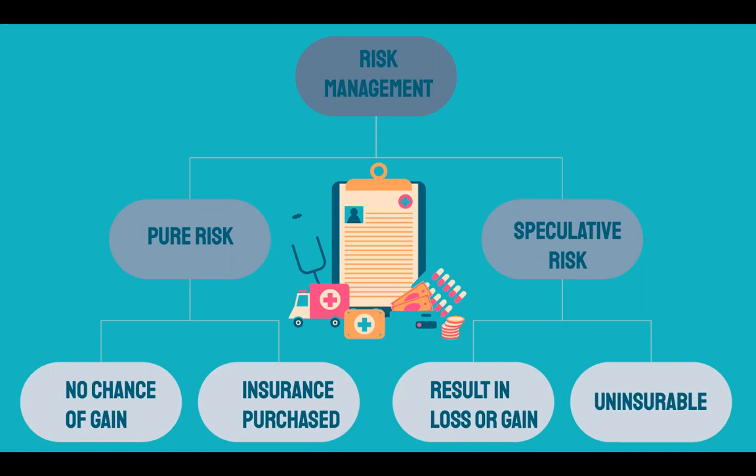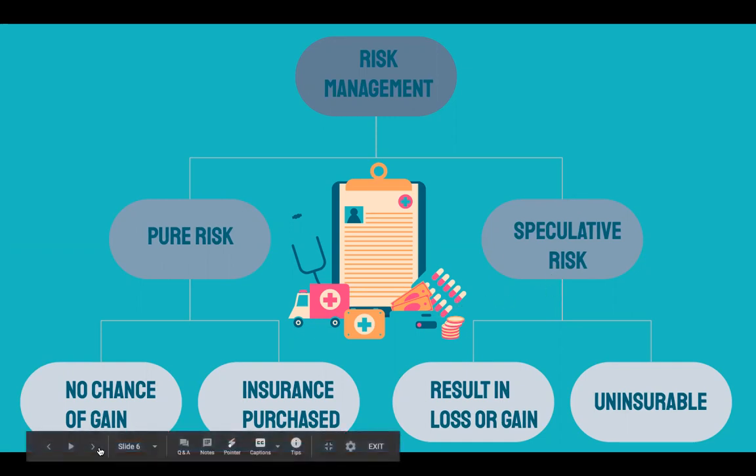So it could result in a loss or a gain. Unfortunately, this is not insurable. We cannot purchase insurance to go gambling, or to go play the lottery. All right, so pure risk is insurable, speculative risk is uninsurable, normally up to the consumer's choice to put themselves in that risk.